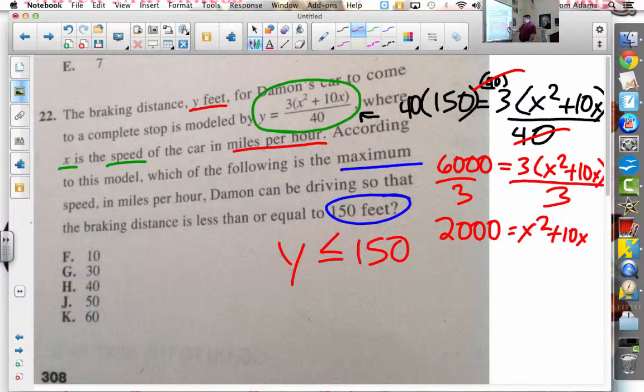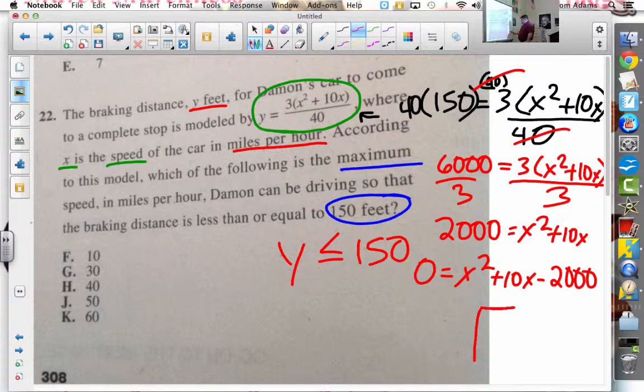Then I could set it equal to 0, so I'd have x squared plus 10x minus 2,000, and then you'd have to solve that. I would say 40 and 50. In other words, you have to factor it, so this would be x and x.